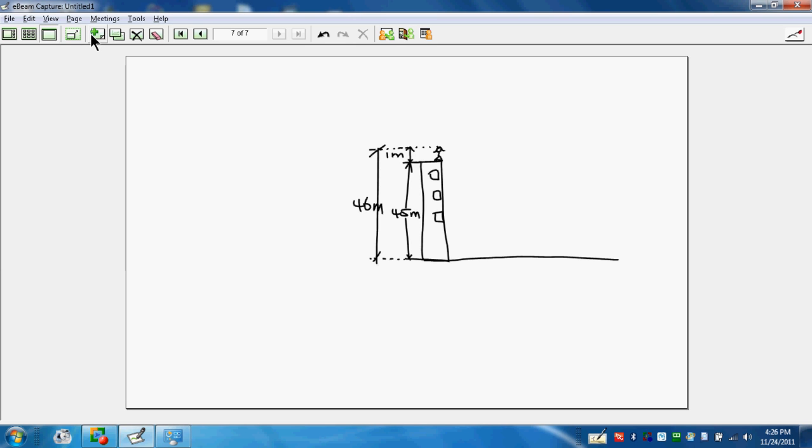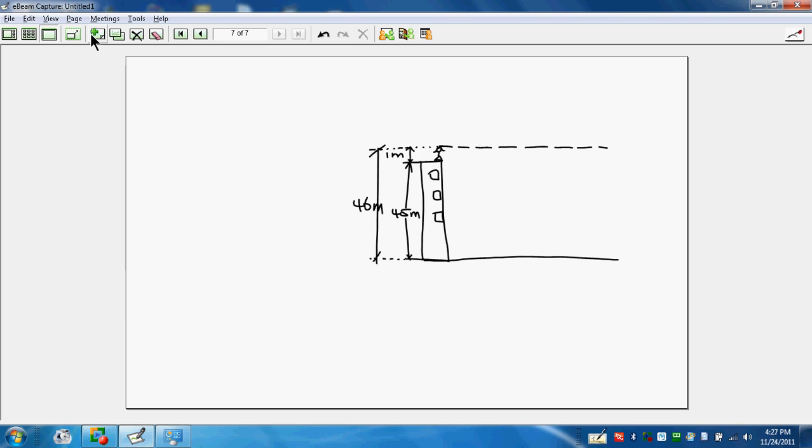But let us assume, because of her height relative to the building, that her line of sight horizontally is initially at the top of her head here, because we cannot differentiate her eyes from the top of her head. They didn't give us that small detail, so we'll assume that her horizontal line of sight is horizontally out like this. And the reason why we need to establish that horizontal line of sight is because the angle of elevation and the angle of depression is always relative to the horizontal line of sight.